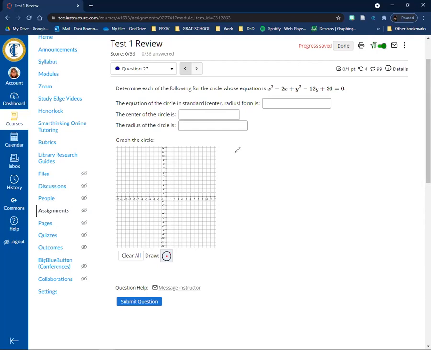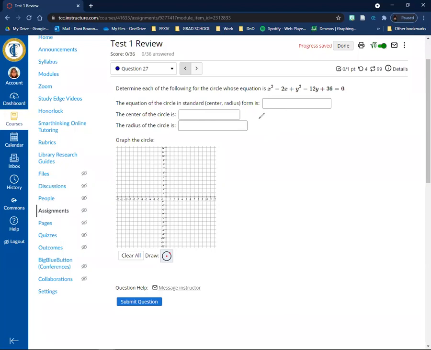What have we got to do to find the equation of the circle in standard form? Anyone know what standard form is?